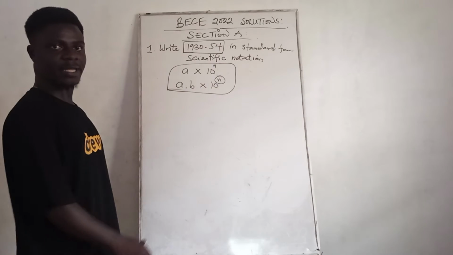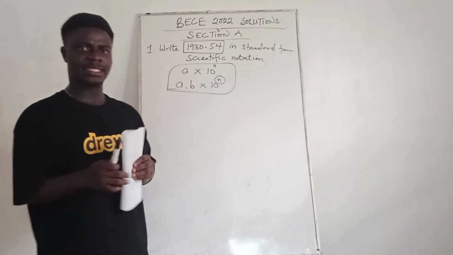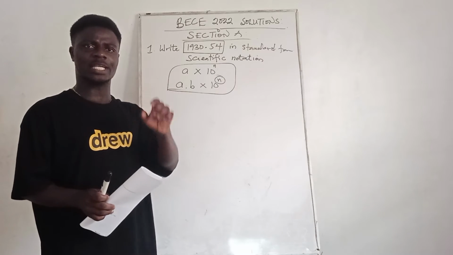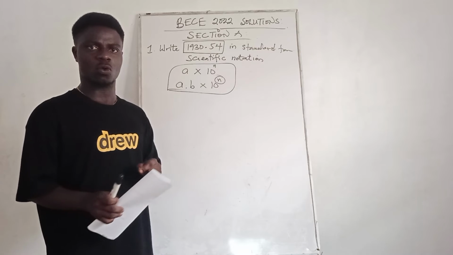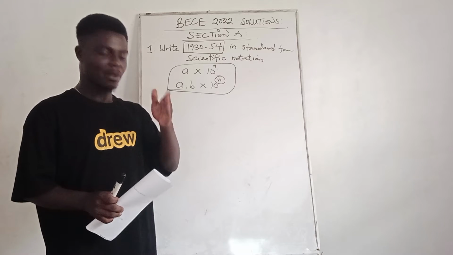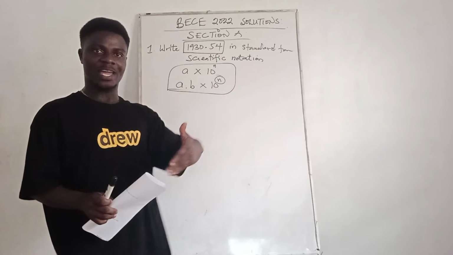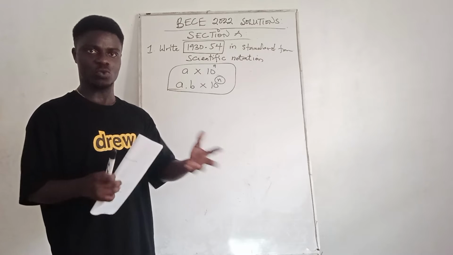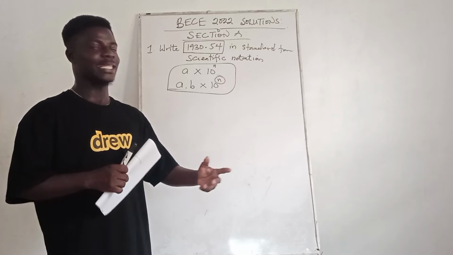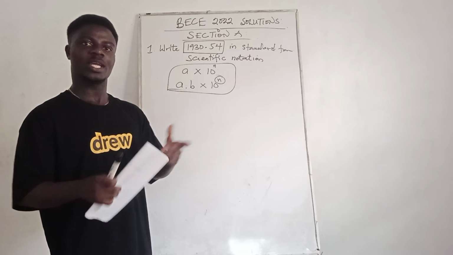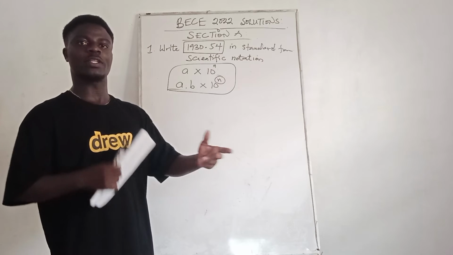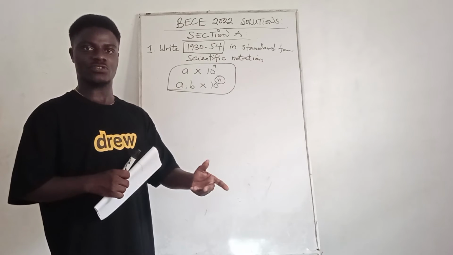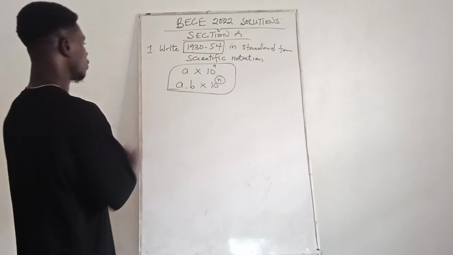So we want to express this ordinary number in these two forms. You have to note that if you want to express an ordinary number in standard form, make sure that the point is between the first and second non-zero numbers, or we can say the first and second counting numbers.